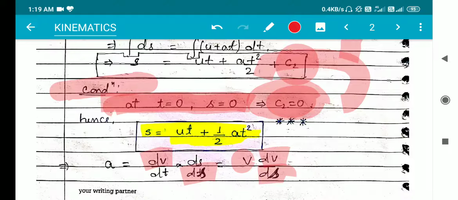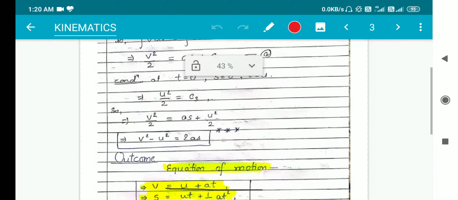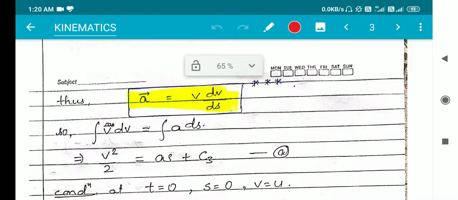As a student of science, or of mechanical or civil engineering, you have to know that acceleration is not only dv by dt, but can also be written as v into dv by ds, which has great importance in our study. So now let me change the page.